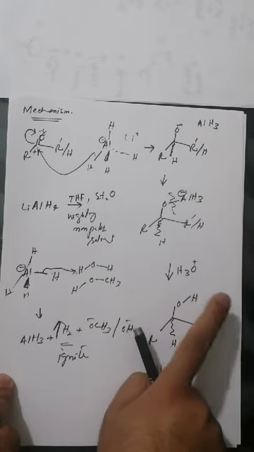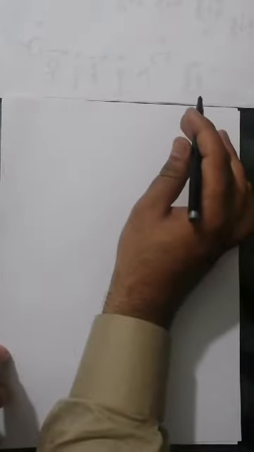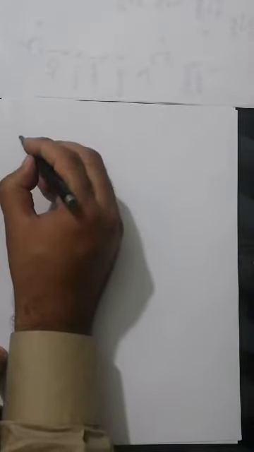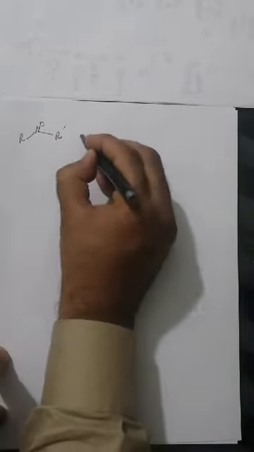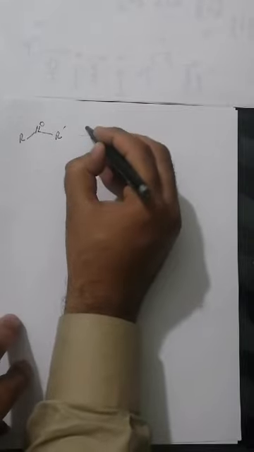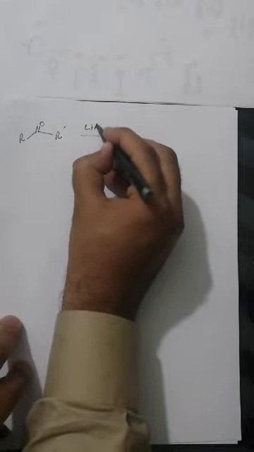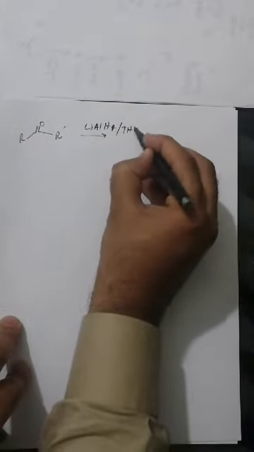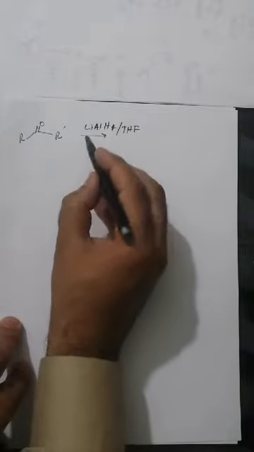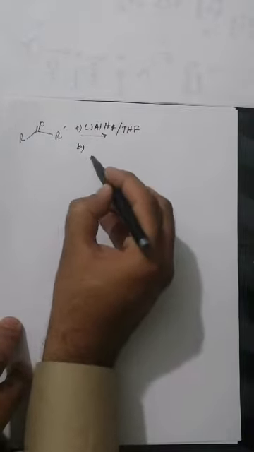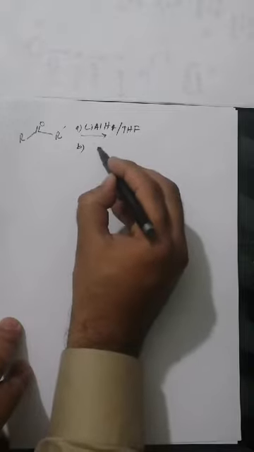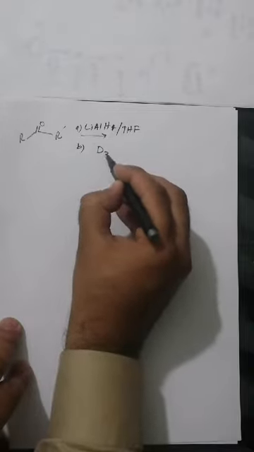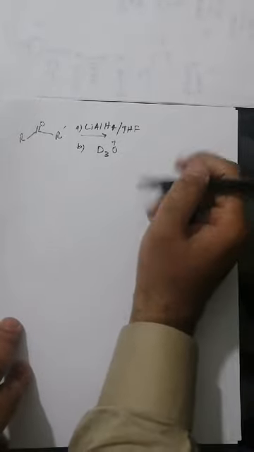So if I write this reaction, in the first step you are going to perform lithium aluminum hydride in tetrahydrofuran at low temperature. But in the final step you work up with D3O positive. Then what will be the product?